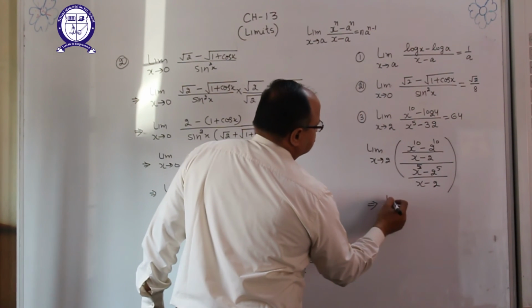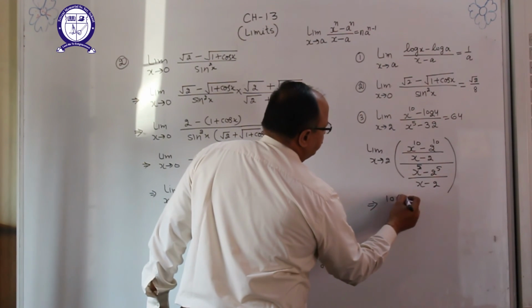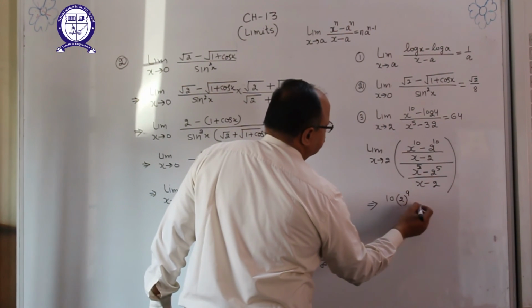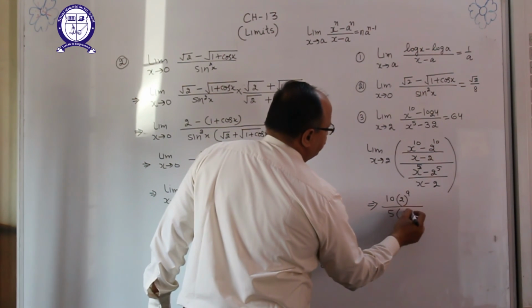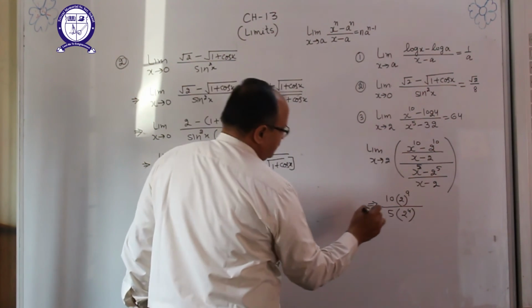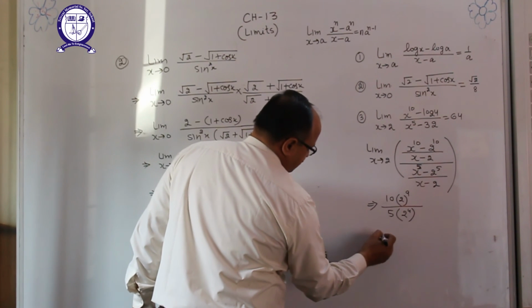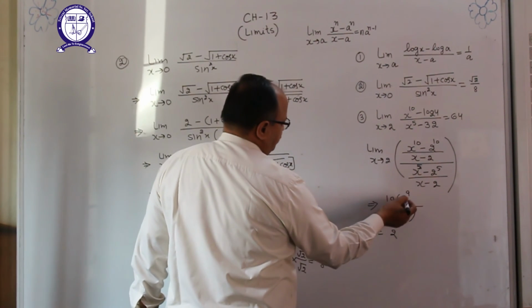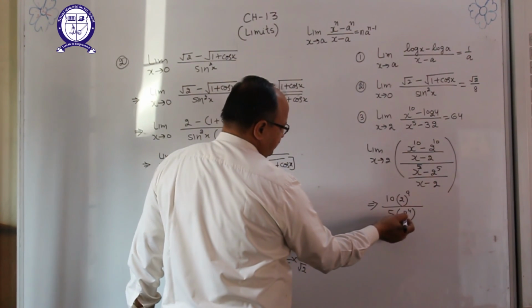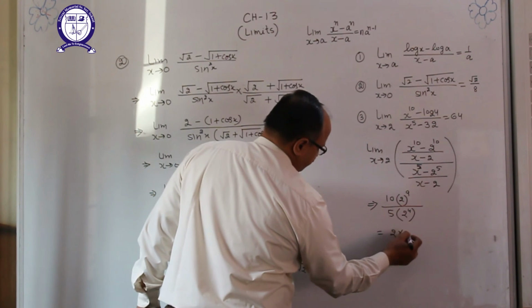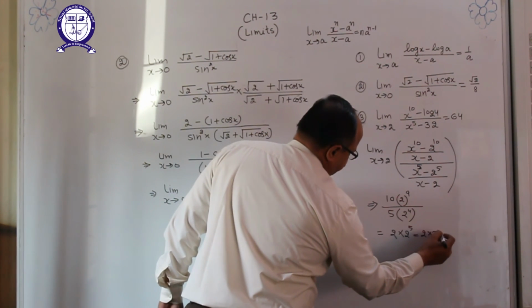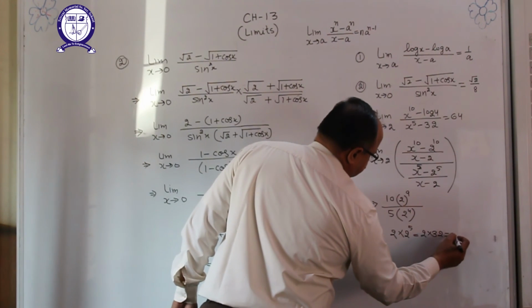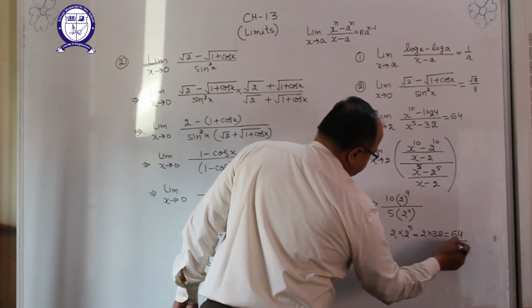Here n is 10 and a is 2, so 10 into 2 to the power 9, divided by 5 into 2 to the power 4. When you simplify, 2 into 2 to the power 9 divided by 2 to the power 4, that is 2 to the power 5, and 2 to the power 5 you know very well is 32, so 2 into 32, 64 is the answer.